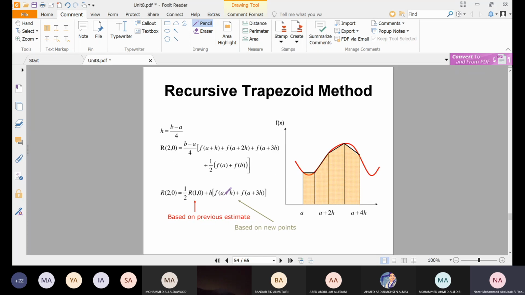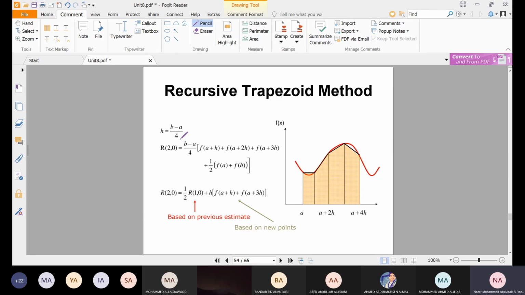We can do the same thing after that, and we finalize with the algorithm. I will show you the algorithm later after these slides. For example, to compute R20, in this case we have 4 segments.